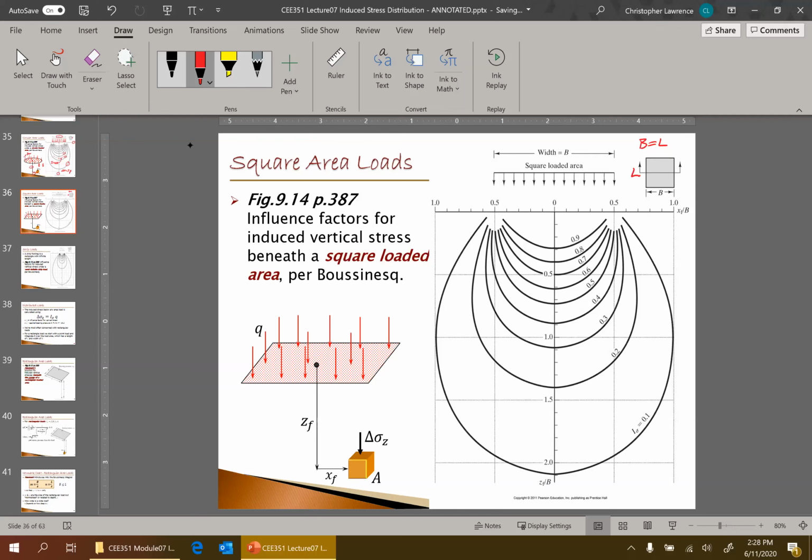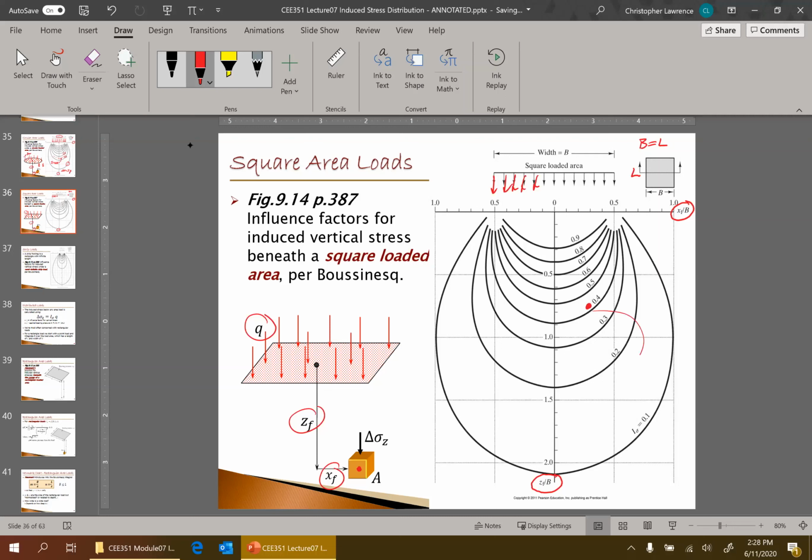Okay? So again, we have this square load that is applied at some point. We consider the distance relative to the width of the load, the vertical depth and the lateral distance relative to the width of the load. We get our X and our Z for point A, and we have our Q. We use that to find our point in the chart. It might be like right here, and we interpolate.